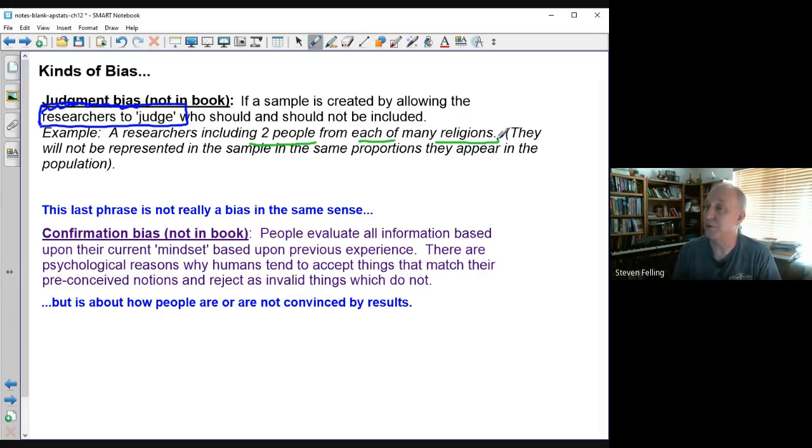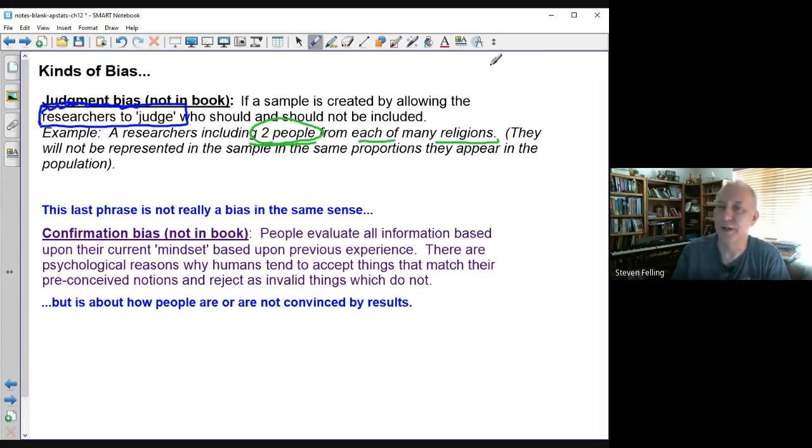They would include the people that they know of, right? But they would include two people from every one of those groups. And they might completely forget, did you remember to include the Zoroastrians? Did you remember to include the Druids? I mean, there's a lot of different religions. So letting researchers judge who is in there is not a good idea.